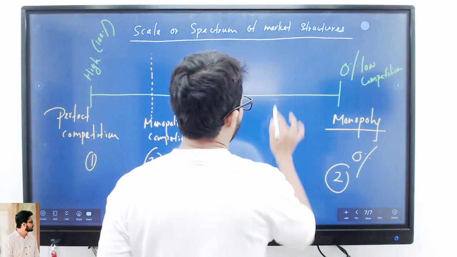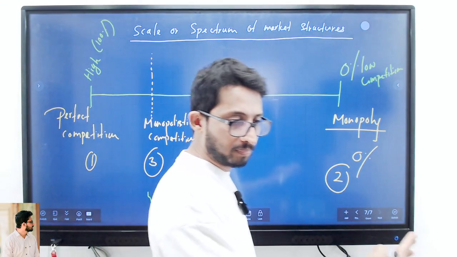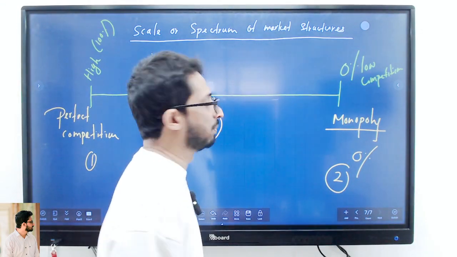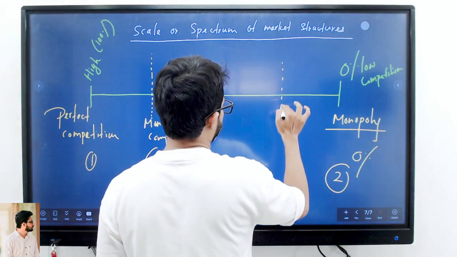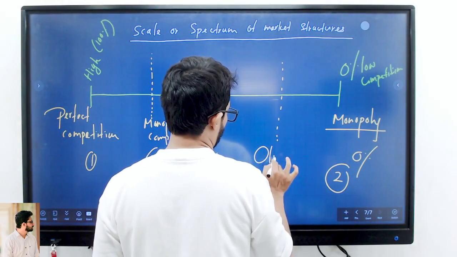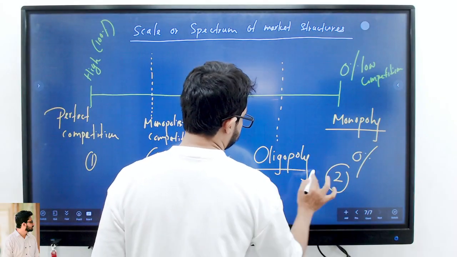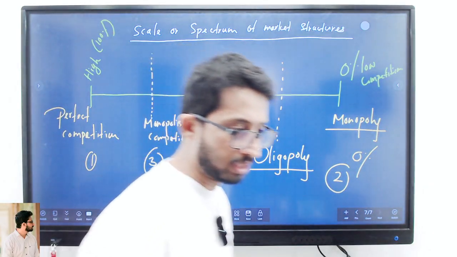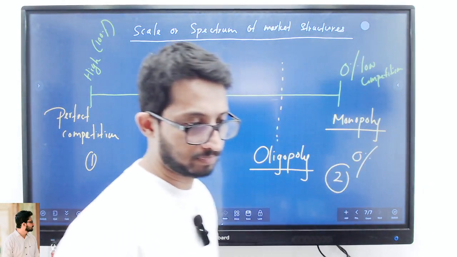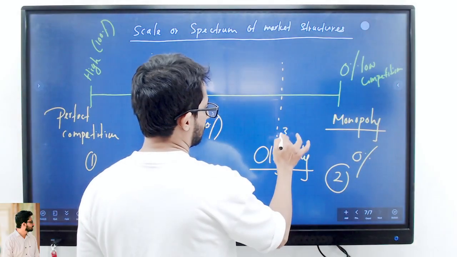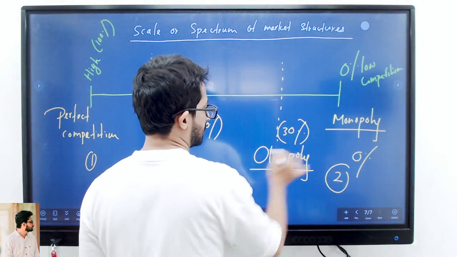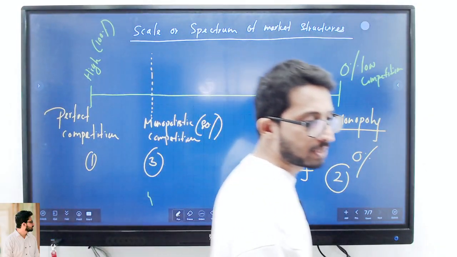Fourth one. It's not monopoly, but it's closer to monopoly. That is oligopoly. I would say in this market there is competition, but less competition, let's say 30%.